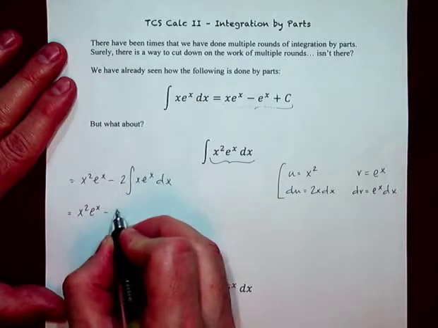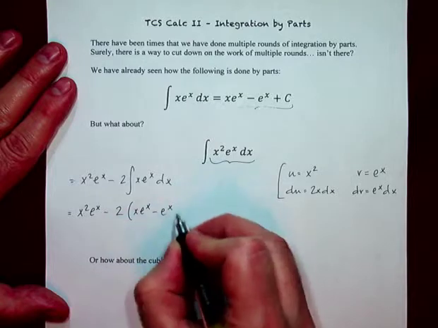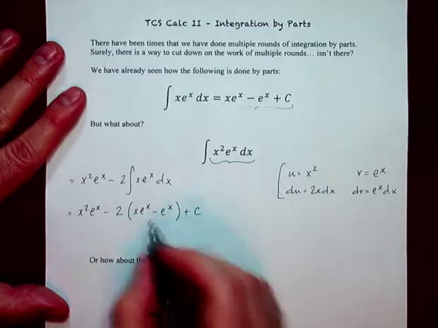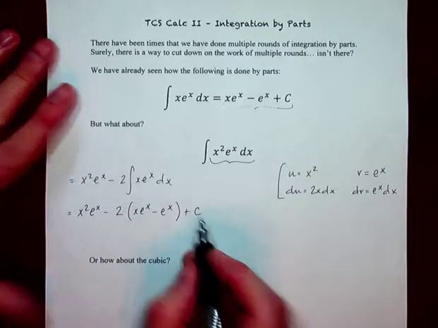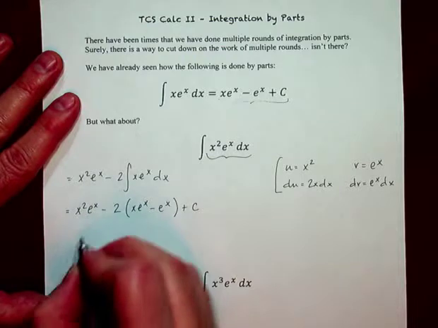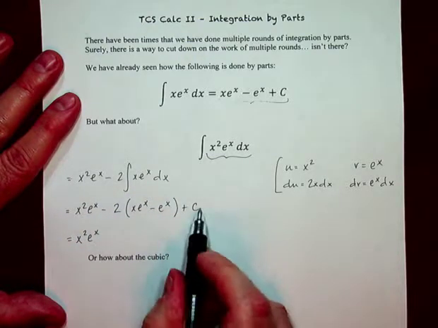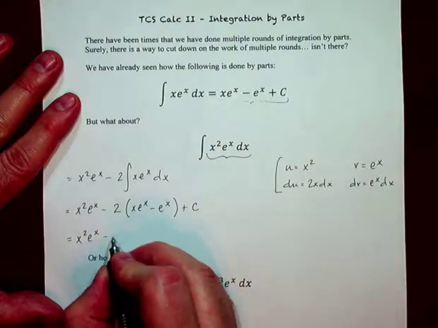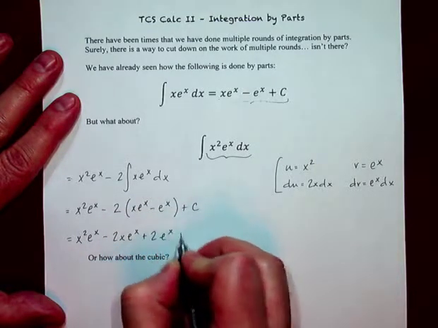And so we have negative 2 x e to the x minus e to the x plus c. The only reason I don't include the c in here is that when you distribute a negative 2 to some random constant, it just still is a random constant. So when you multiply c by a constant, it just doesn't affect it. Plus 2 e to the x plus c.